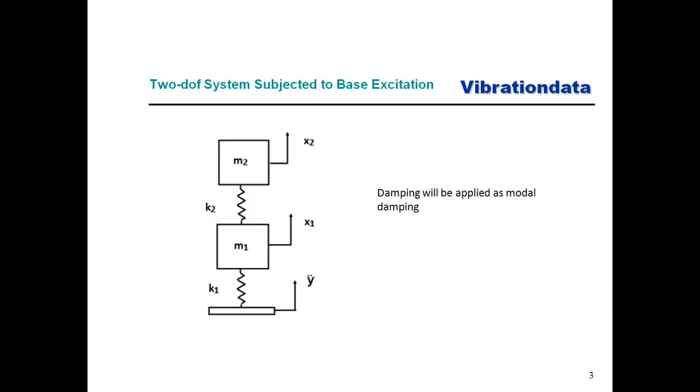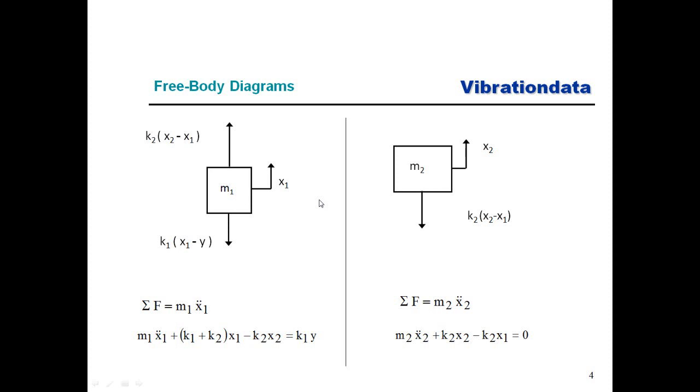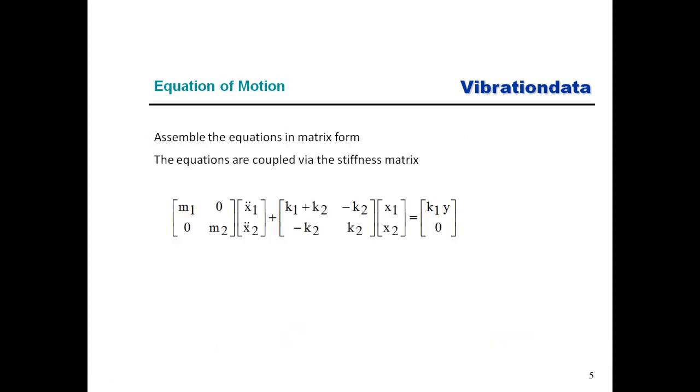If we go back to this diagram here, it's this spring 2 here that causes the coupling to occur. Then we have our absolute displacement vector, x1, x2, and on the right-hand side we have stiffness of spring 1 times the base displacement.